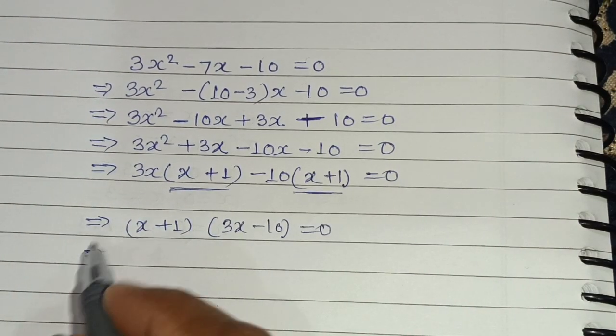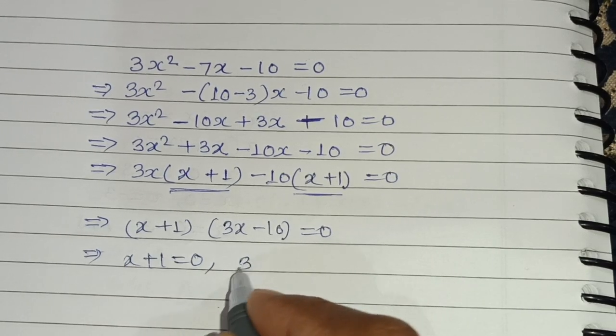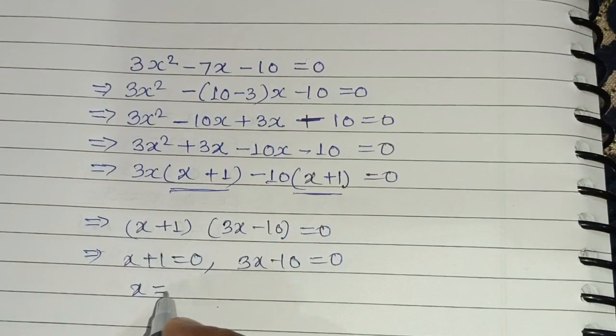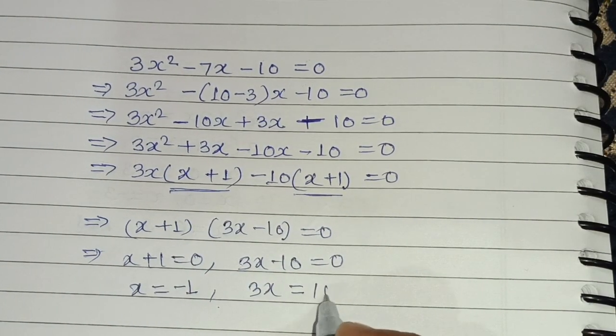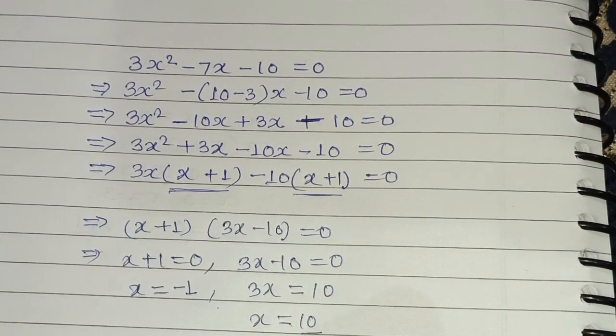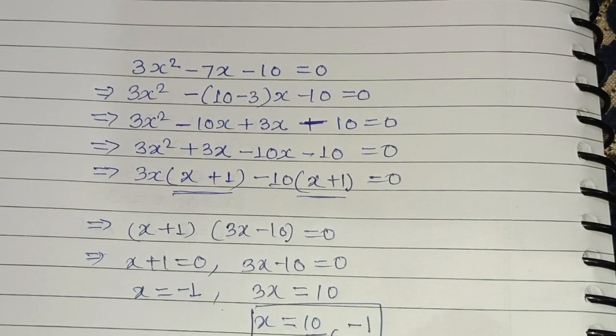So we have x plus 1 equal to 0, 3x minus 10 is equal to 0. So x equal to minus 1 and 3x equal to 10. So x equal to 10 by 3 and minus 1. That is answer.